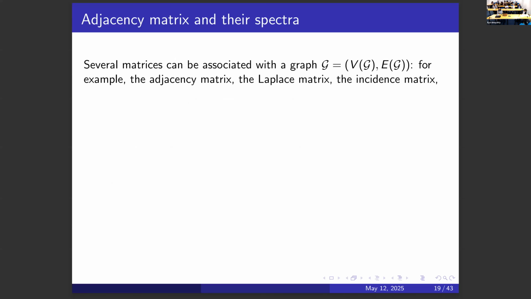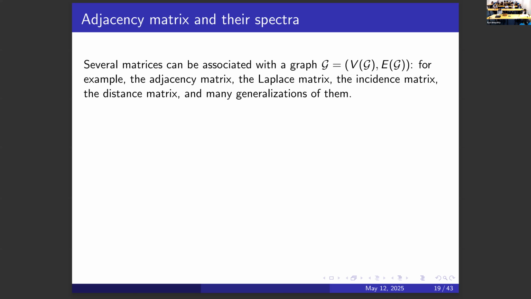And when I talk about spectra, what I'm talking about is that when you have a graph, you can associate with it several matrices. One of those matrices is the adjacency matrix, which is the only one I'm going to be talking about in this talk.